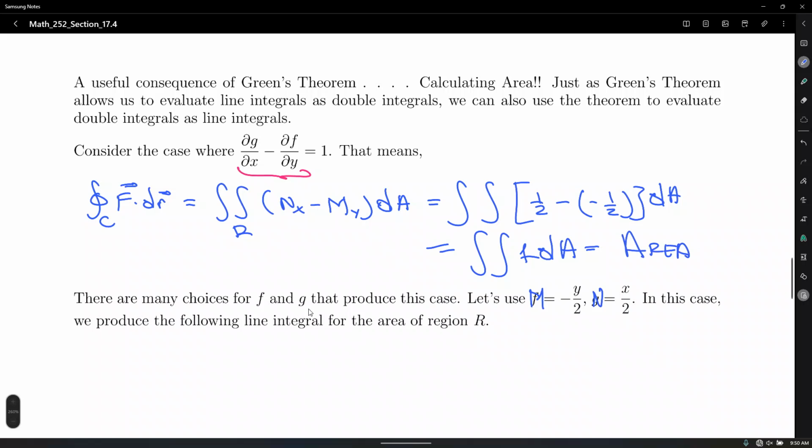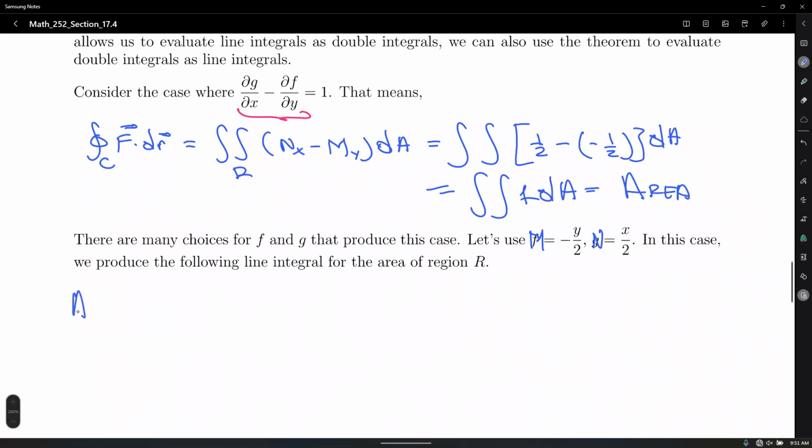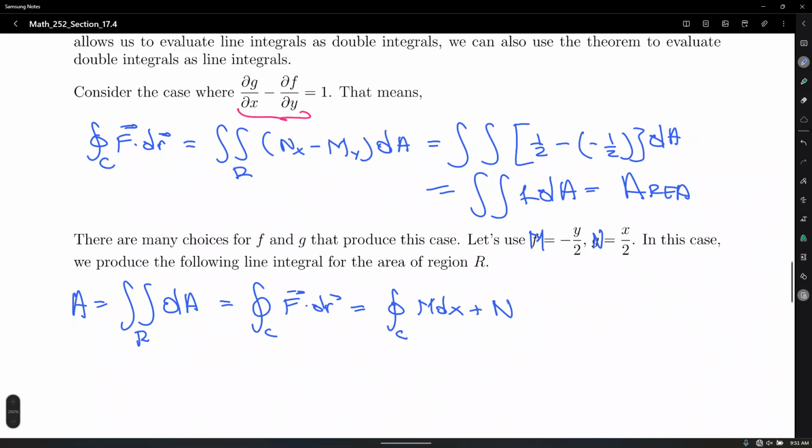Now let's write this in terms of a type 3 line integral. Now I'm going to go backwards this time. I'm going to start with an area integral. So area A equals the double integral dA over the region R, which is the same as saying the integral along the closed curve C of F dotted with dr. Okay, so this has to be the integral along the closed curve C of some function M dx plus N dy.